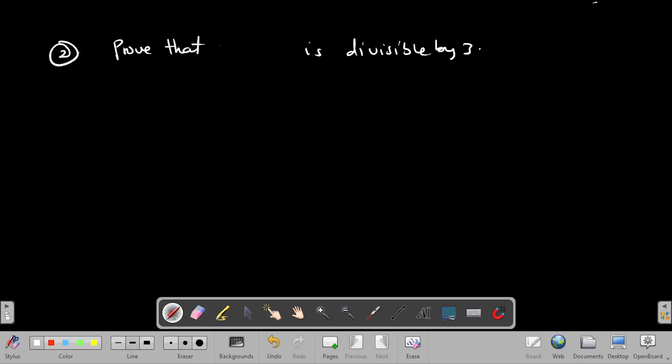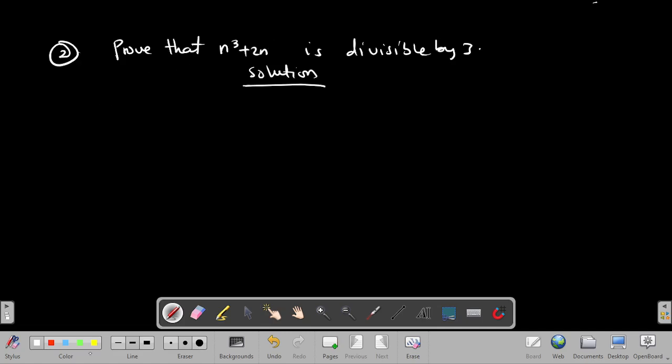So the statement n cubed plus 2n is divisible by 3. Solution. How do you solve this? This is a perfect mathematical induction problem. You want to prove that the statement n cubed plus 2n is divisible by 3.